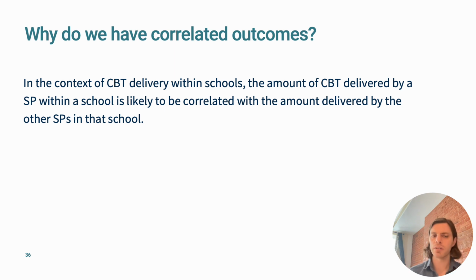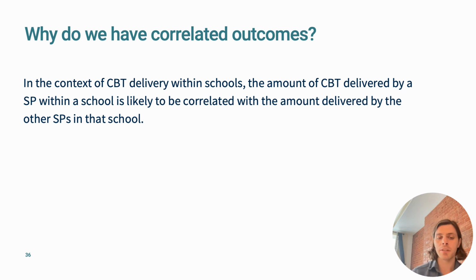And if you look at two extreme examples, I think we can see that. So imagine a school where every single kid has anxiety and requires CBT. Well, if every kid requires it, this is probably a pretty big issue. So every school professional in that school is probably providing some amount of CBT, given they are qualified to provide CBT. So they're going to be pretty correlated in the sense that they're all providing a good amount.